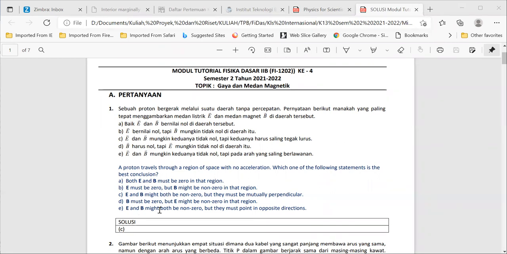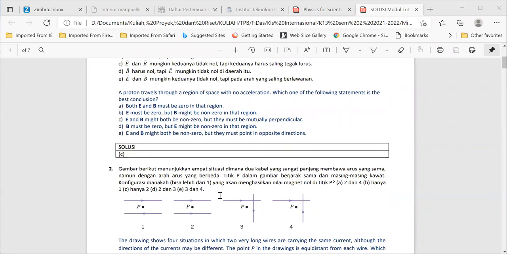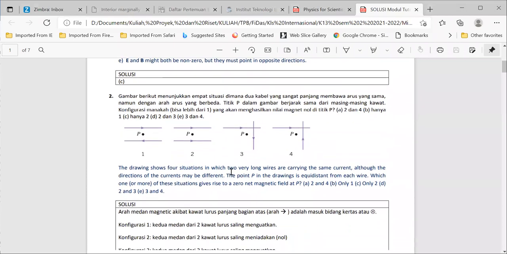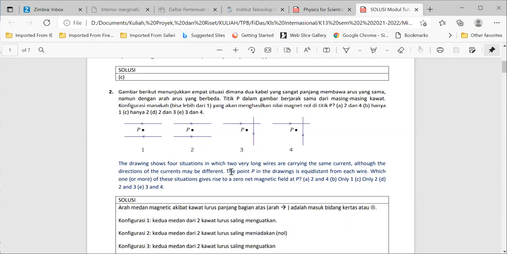Okay, so let us continue, if there is no question. Number 2. The figure shows 4 situations in which 2 very long wires carry the same current.